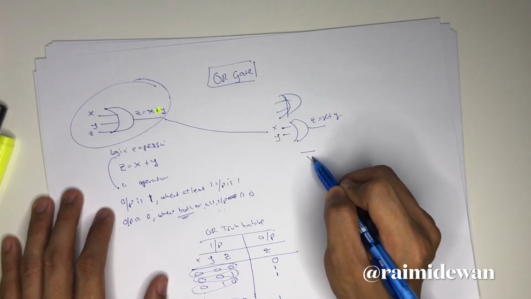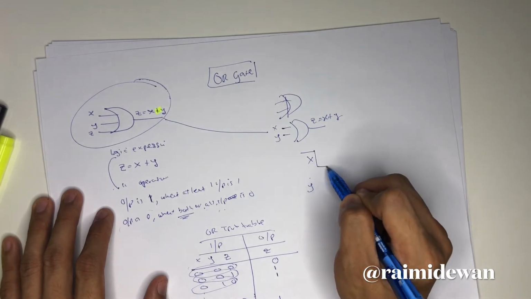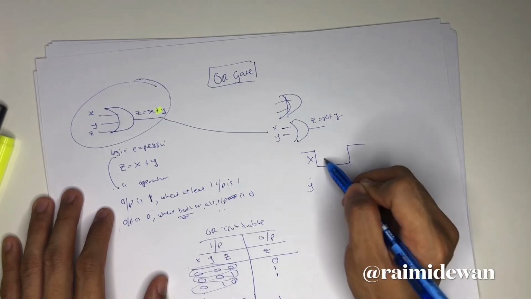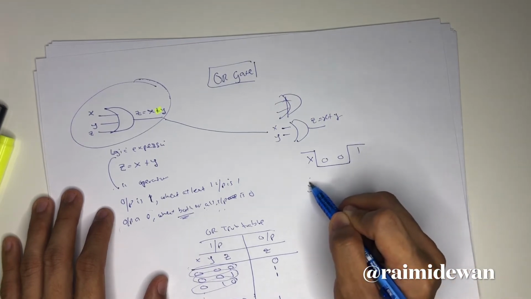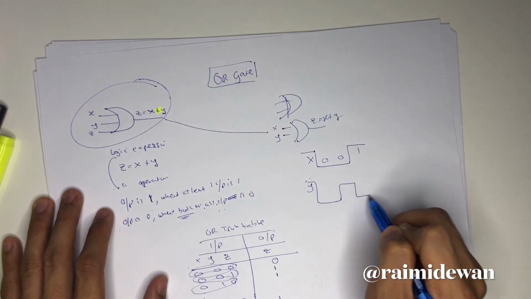Let's say this is your X and this is your Y, with 0, 0, 1 and 0, 1, 0.